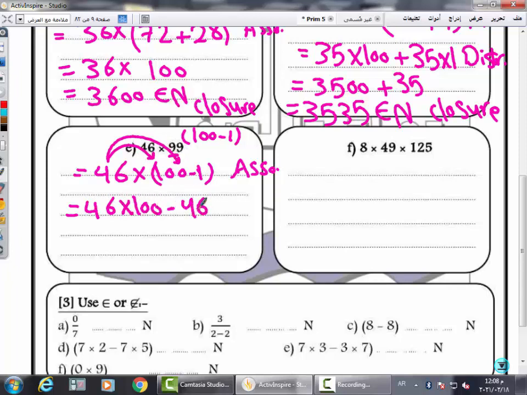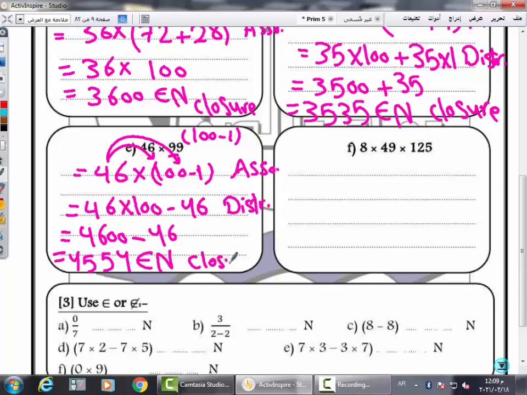This is called distribute. 46 by 100 equals 4,600 minus 46. Then the result: 0 minus 6, it can't be, so 0 becomes 10, 10 minus 6 is 4; 0 becomes 9, 9 minus 4 is 5; and 6 becomes 5, then drop 4. The result is 4,554, which belongs to natural, and this is called closure.